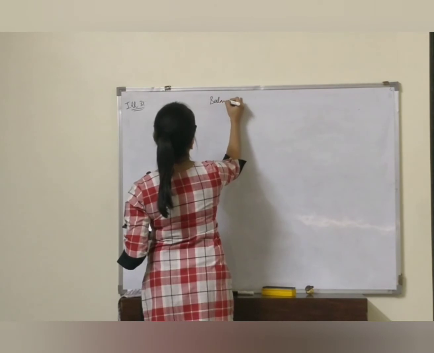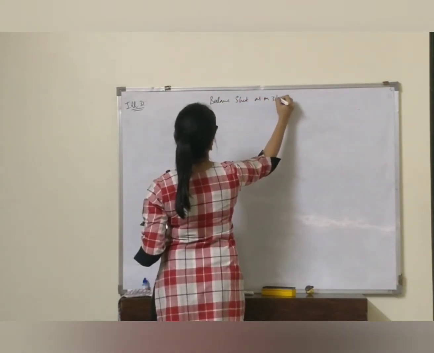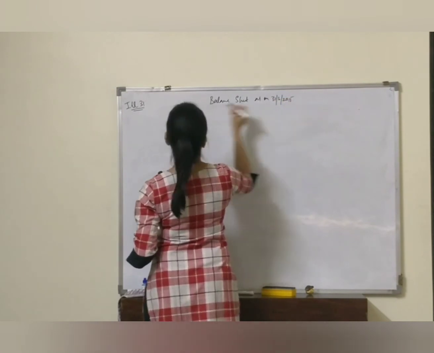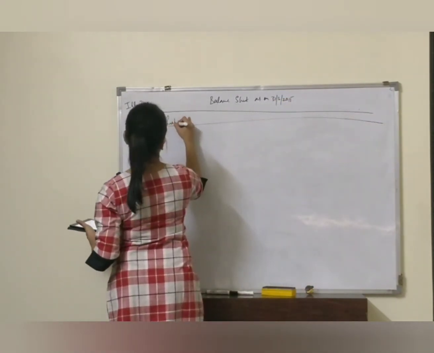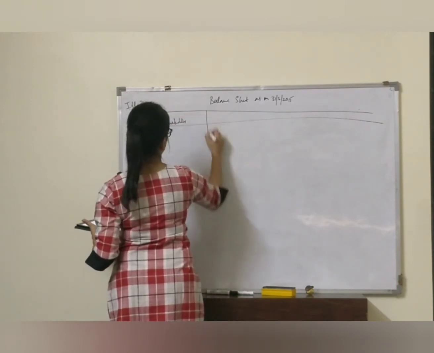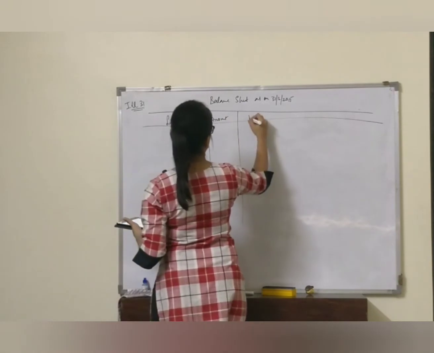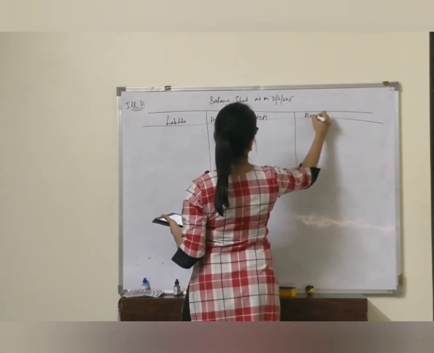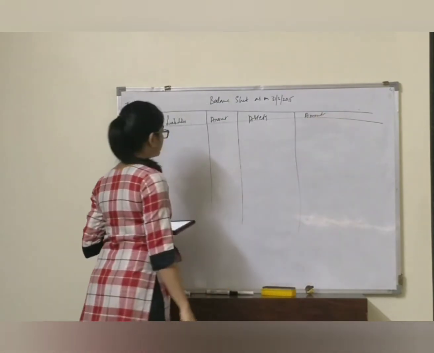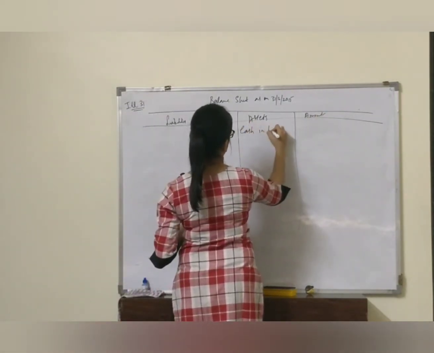So write down balance sheet as on 31st March 2015. We have liabilities, amount, assets, amount. So on the asset side, first thing is cash in hand.